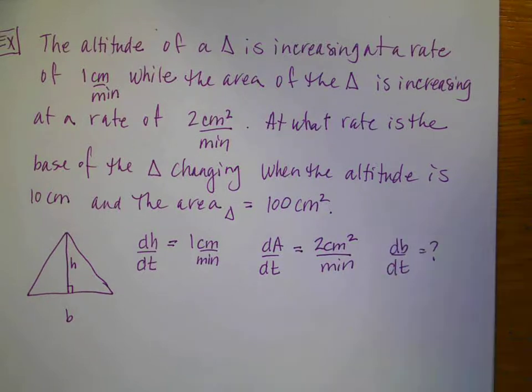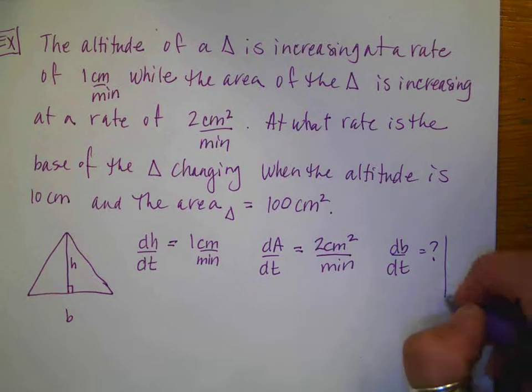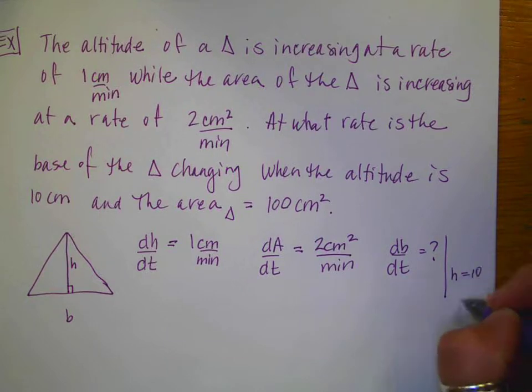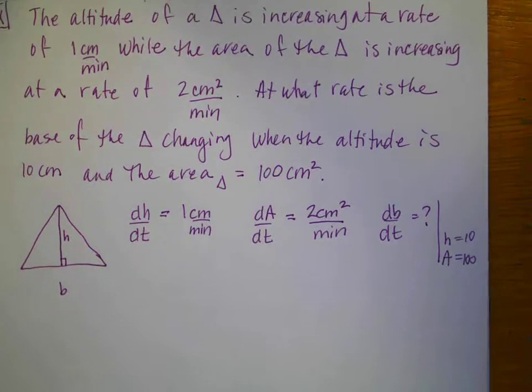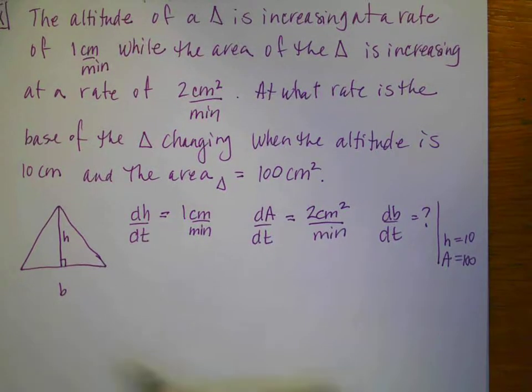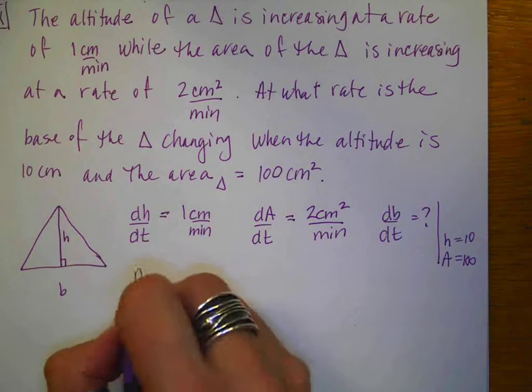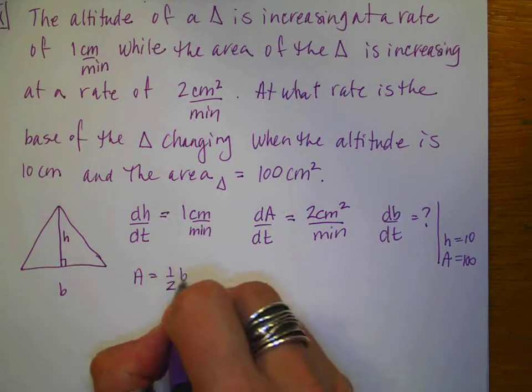At what rate is the base of the triangle changing? So I'm looking for dB dt, and then I'm going to be given when h is 10 and area is 100.